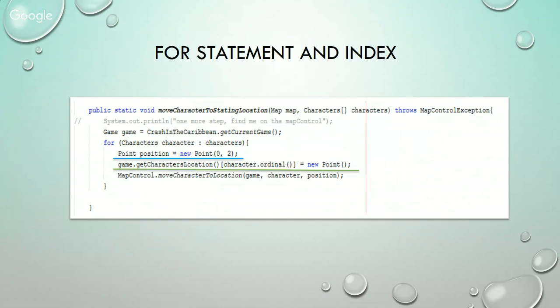The second line creates a place for the character in the array. And this line places the character in the new position that we just created. This statement does the same for each item in the array, for every single character.